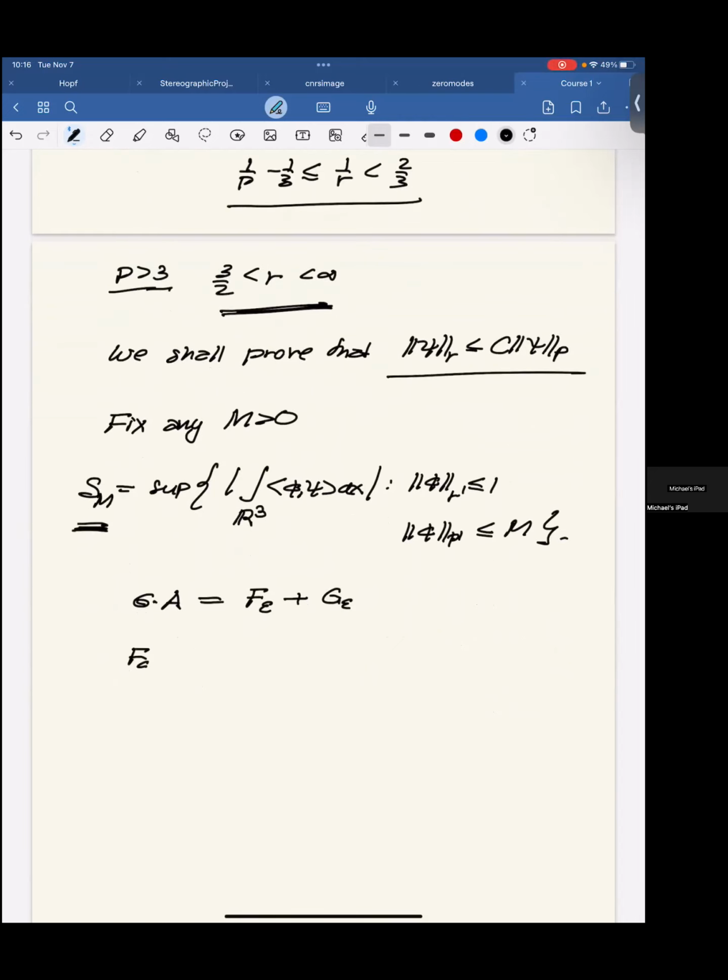F epsilon is bounded, compact support, and the G epsilon has 3 norm, G epsilon. That's tricky. An epsilon and a 3 together, that's always a problem. Okay? So this is what we want to do, right?